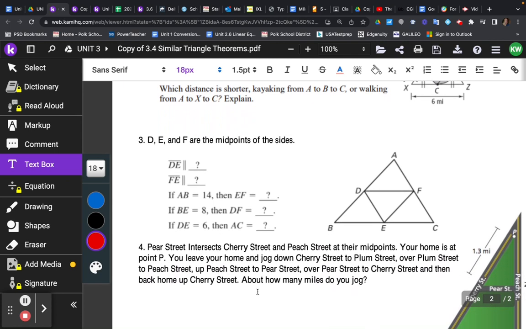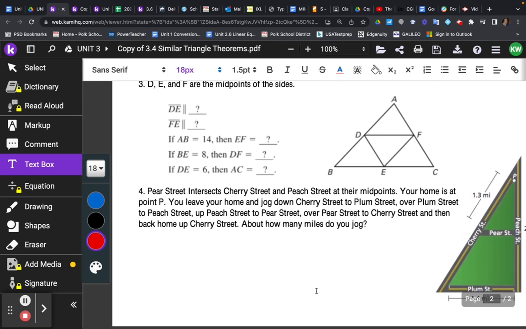Understand that mid-segments, when you get down to the one below, are happening all over this shape, and DB is going to be congruent to AD, AF is going to be congruent to FC, EC, BE, which means we have a whole lot of mid-segments. Good luck with this and this thinking task down here on the bottom.